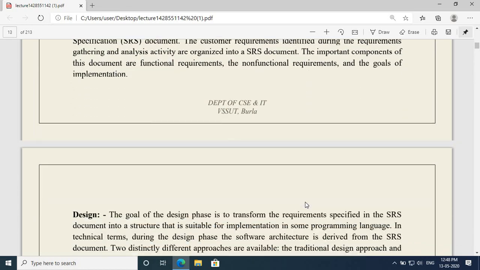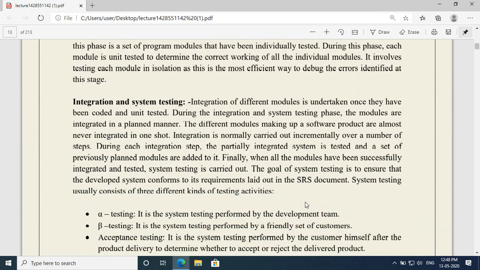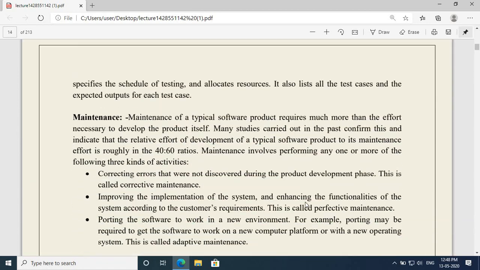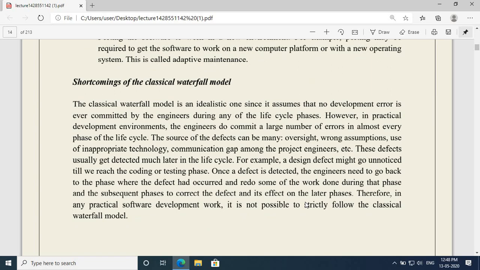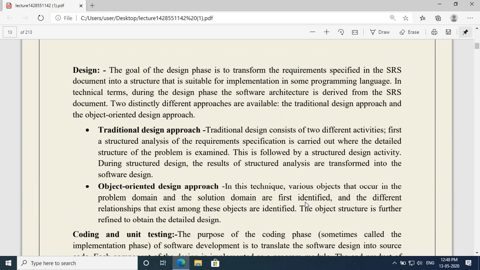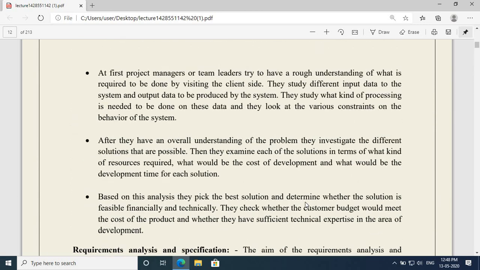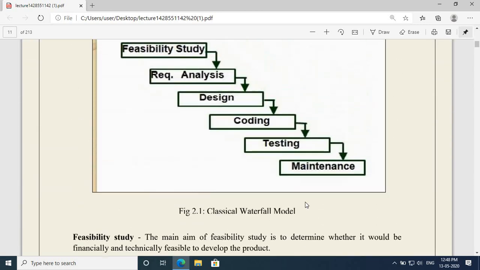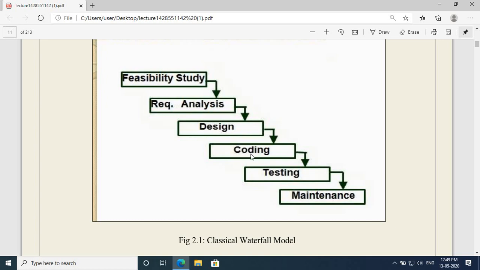Then the last one: what are the drawbacks of this classical waterfall model? Whenever we develop software, let us consider I am in the coding phase and some problems are in the design phase, so we cannot move backward to the design phase. We cannot move to the previous stage in this classical waterfall model.